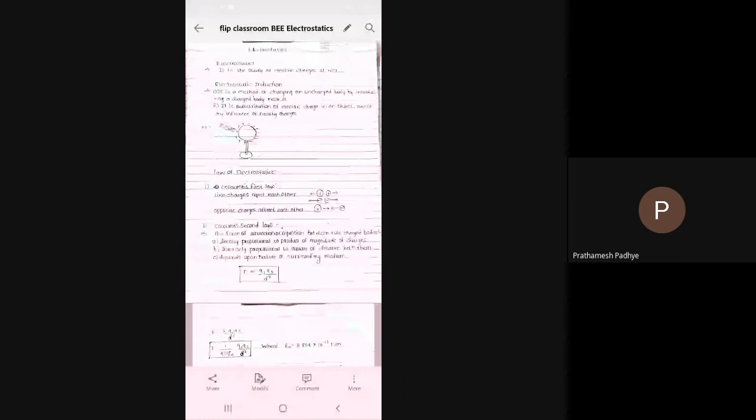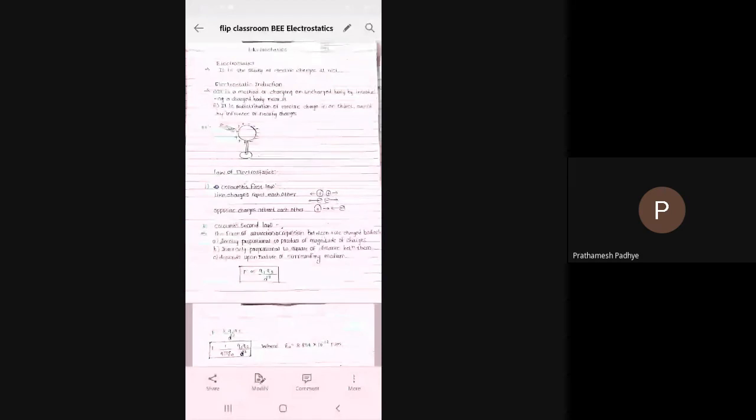Good afternoon, all of you. Today we will learn about the topic electrostatics. First of all, what is meant by electrostatics? As its name contains, electro plus statics means electric charges which are at rest. So its definition is, it is the study of electric charges at rest.